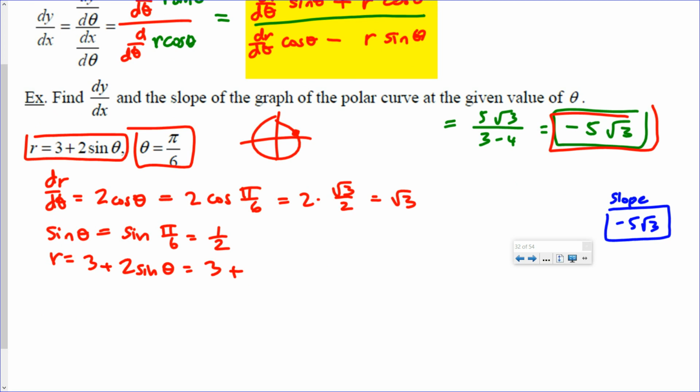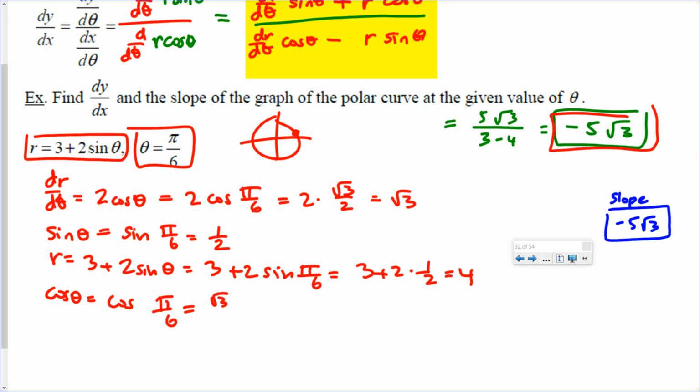So that's 3 plus 2 times sine of pi over 6, which is 3 plus 2 times 1/2. So isn't that really just 4? And then my last component is cosine theta, so that's cosine of pi over 6. Is that 1/2? No, that's square root of 3 over 2.